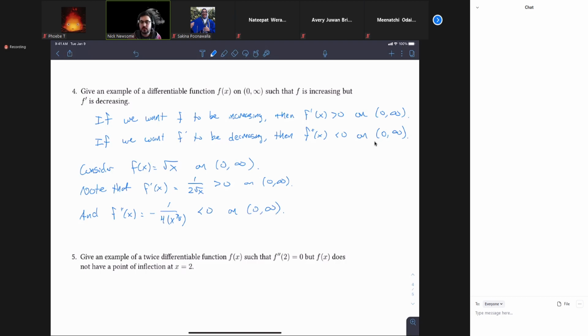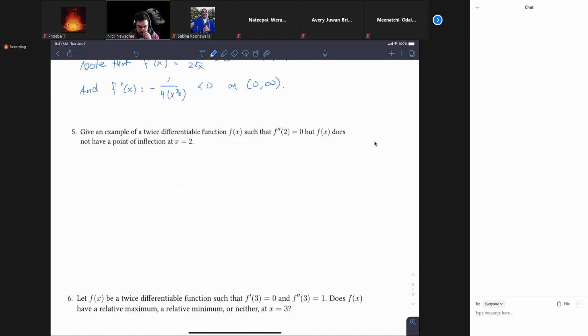So that thing's going to be negative on this interval. Okay, so this function right here, square root of x, will do the trick. Questions about this one? Okay.